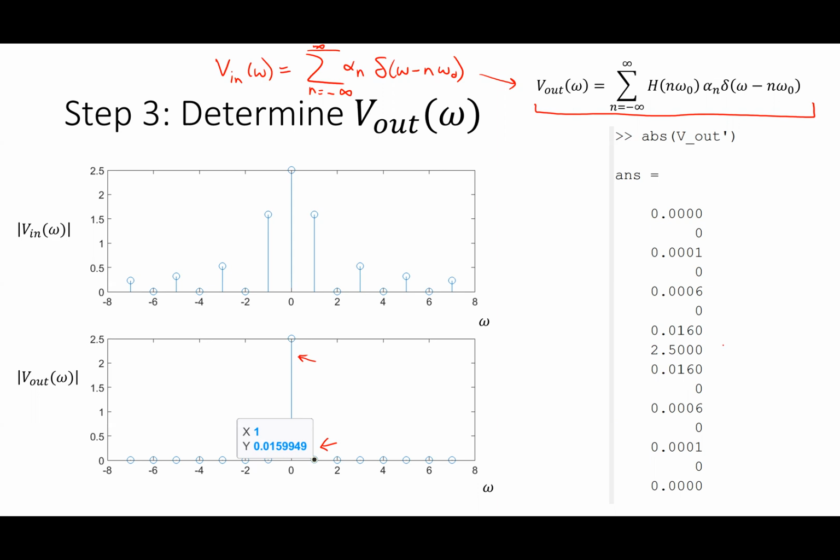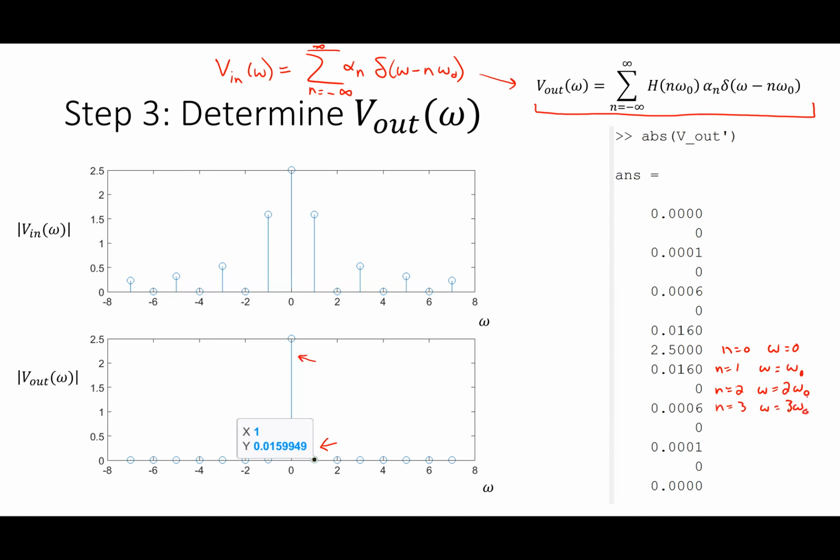So I wrote this out here. This is the n equal to 0 or omega equal to 0. This is the n equal to 1 or omega equal to, in this case, omega naught, which is also 1 radian per second, just because of the example. This is n equal 2, which corresponds to 2 omega naught. This is n equal 3, or 3 omega naught.